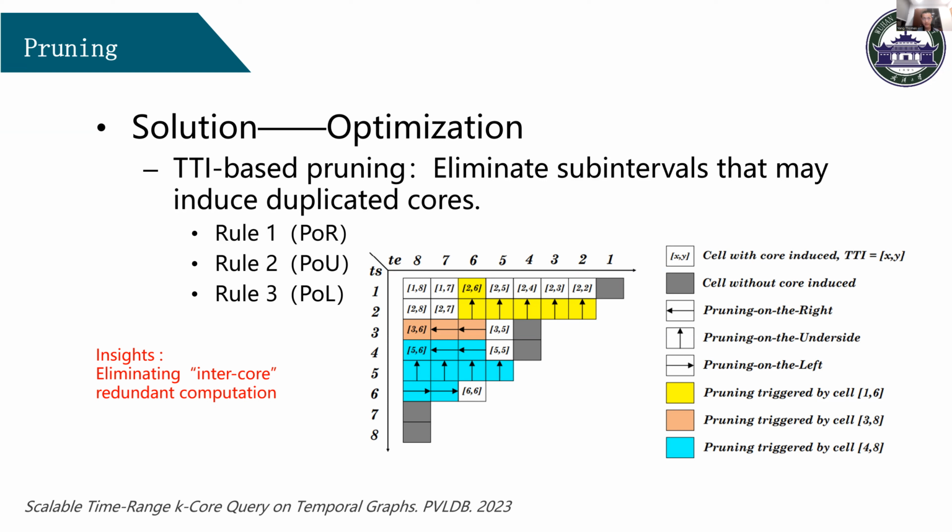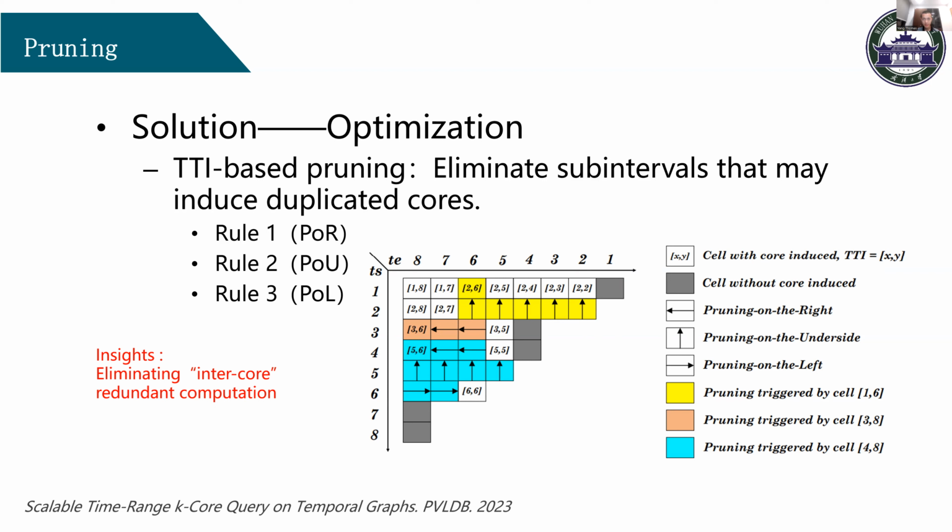For example, here, when the interval 1.6 is enumerated, since 1.6 induces a temporal K-core with TTI 2.6, and 2 is larger than 1, then all 5 intervals from 2.6 to 2.2 will be skipped, since they are guaranteed to have identical TTI as the cells from 1.6, 1.5 to 1.2.